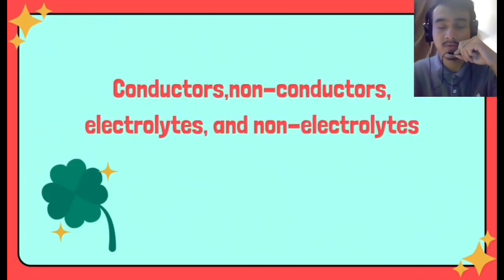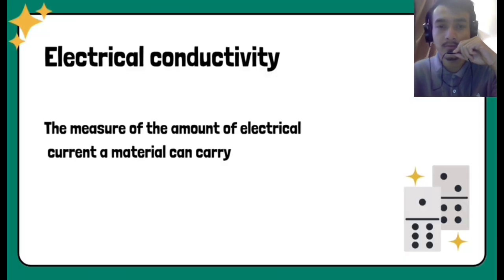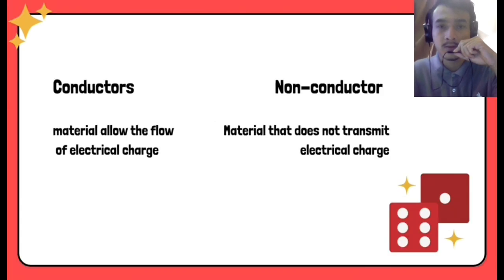My name is Adam Aris bin Shamsul, and in this section of Chapter 3 Electrochemical, I will talk about conductor, non-conductor, electrolytes, and non-electrolyte. So, what is electrical conductivity? Electrical conductivity is the measure of the amount of electrical current a material can carry. There are two types: conductors and non-conductors.